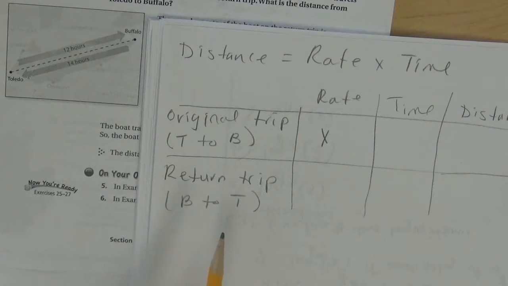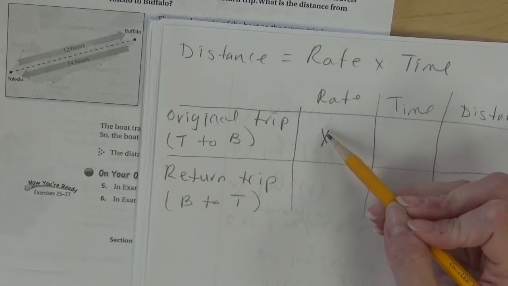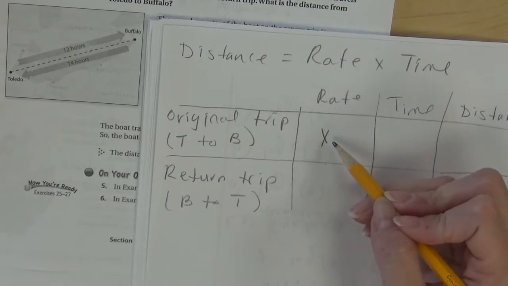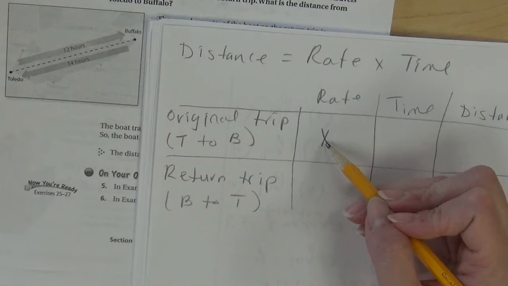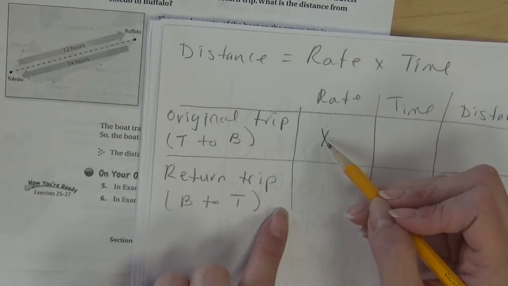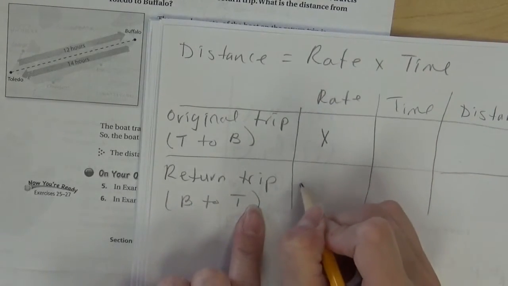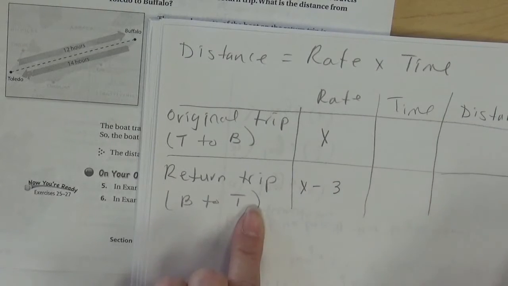So 3 miles per hour slower than the original. If they were traveling 10 miles per hour, then they were traveling 7 miles per hour on the return trip. So I'm going to call that rate x minus 3.